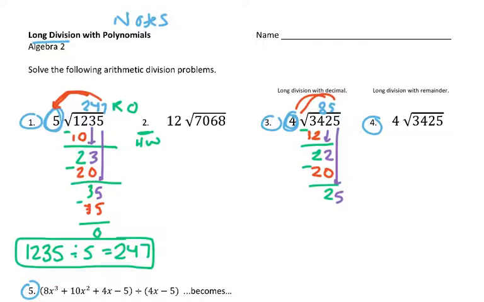And sadly, it's not an exact number. So in that case, we're going to put 6. 6 times 4 makes 24. Subtract. And we get 1. And so now this is when, in elementary school at least, you just said remainder 1. Done.